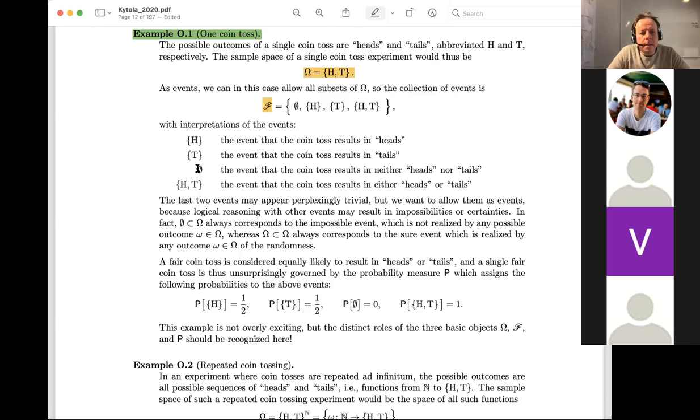The empty set represents the fact that nothing happens. It's irrelevant in some way, but it's always included so that the probability that nothing happens is zero. And this full set represents the fact that something happens. So either we get heads or tails, and then that probability should be one. And that's how the coin flipping goes.